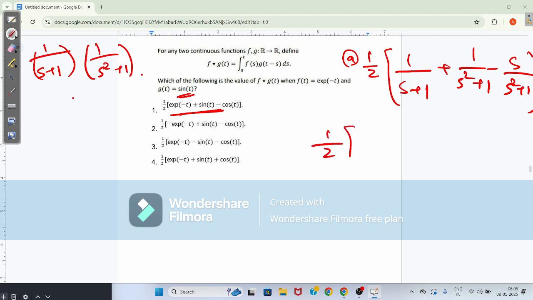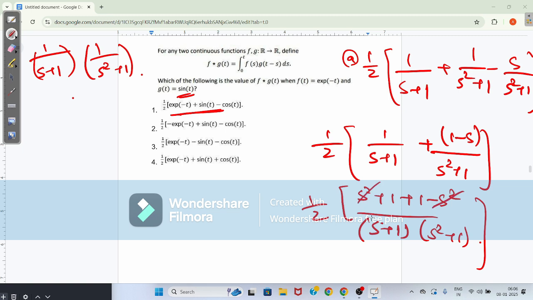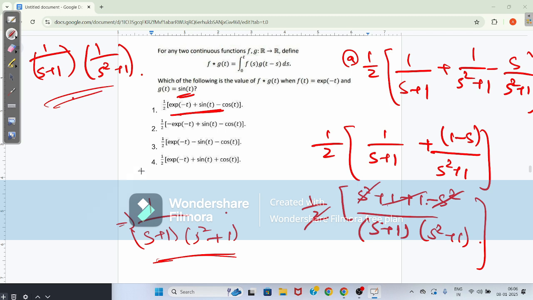Now 1 by 2 into, take the LCM, what will we get? 1 by s plus 1, plus 1 minus s by s square plus 1. Now 1 by 2 into s square plus 1 plus 1 minus s square by (s plus 1) into (s square plus 1). The 2 values get cancelled out, 1 plus 1 is 2, and the 2 gets cancelled out. What will we get? 1 by (s plus 1) into (s square plus 1). So this is the correct option, same option.